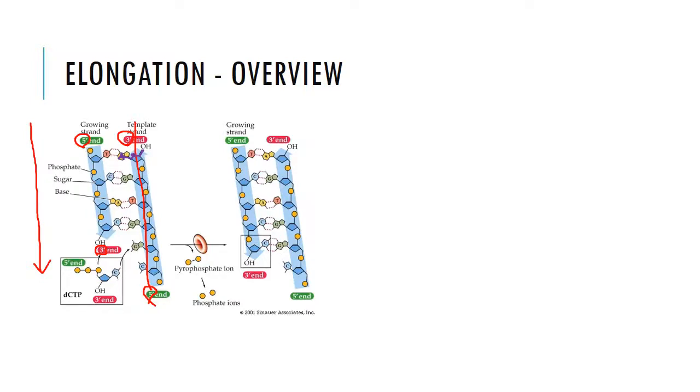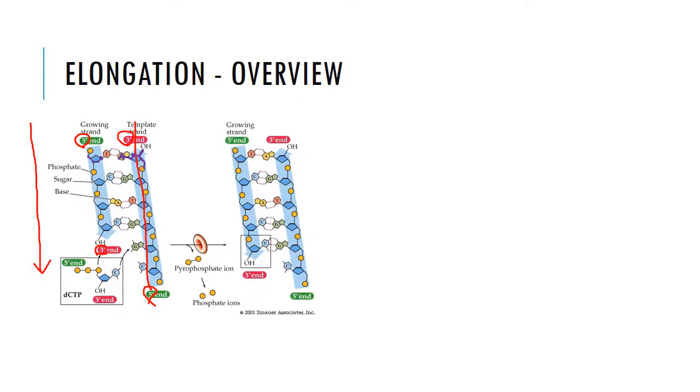Carbon number 3 is this one with the OH group attached to it. Then carbon number 4 is attached to carbon number 5, which is hanging off our arm, if you like, and is then attached to the phosphate group. And same thing here, we've got carbon number 1, 2, 3, 4, and 5 off on this arm.